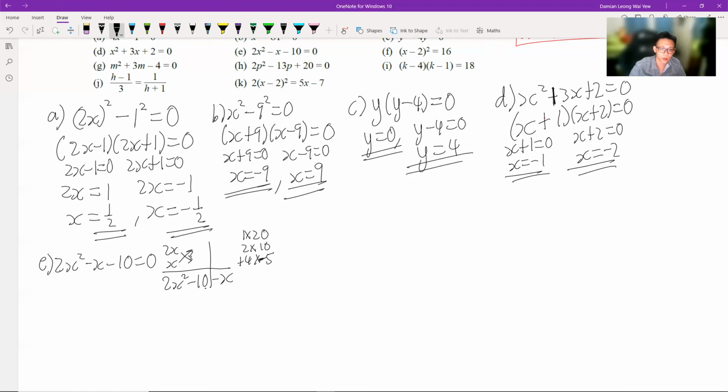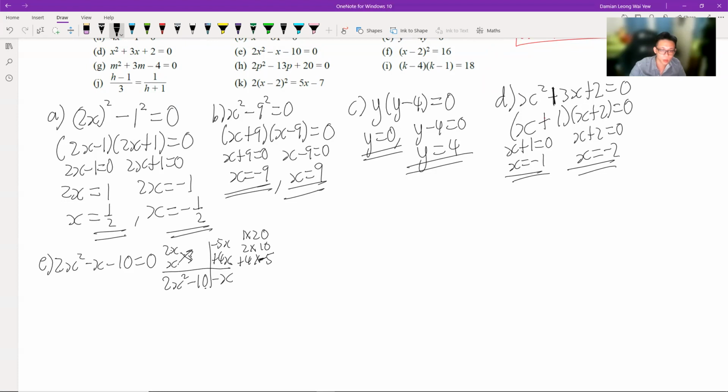So they will multiply across. I cannot put 4 here because if 4 is there, I have to put 5 here, and 2x I cannot multiply to get 5. So it's the other way. -5x plus 4x.